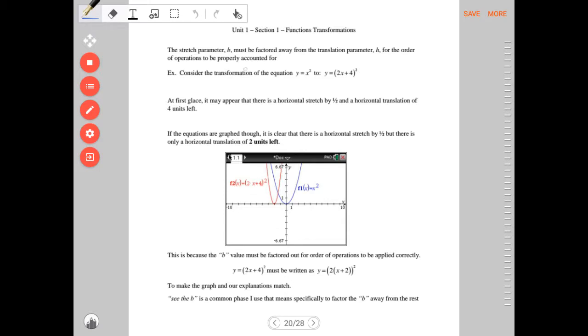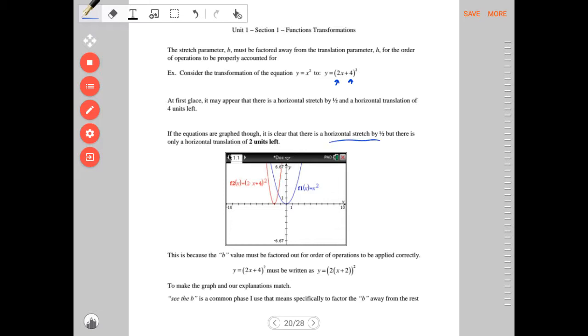So I want you to consider the transformation here: x squared and then 2x plus 4. At first glance you say, well, we do stretches first, so that's a horizontal stretch by a half, and then the 4, oh look, that's going to be 4 to the left. Great. However, when you graph these on your graphing calculator, sure, there's a horizontal stretch by a half.